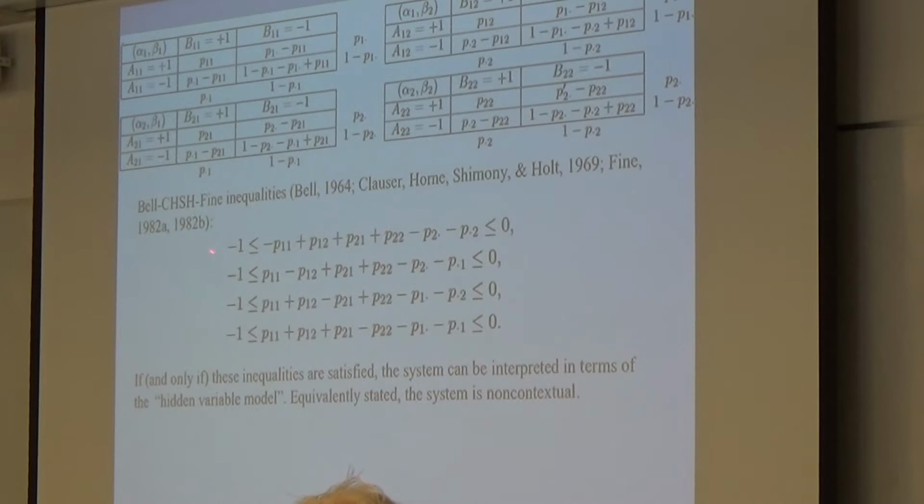The Bell-CHSH-Fine inequalities state that these linear combinations of joint probabilities and marginal probabilities are confined between -1 and 0. If the boundaries are not breached, then these systems can be interpreted by a hidden variable model. In our language, it's non-contextual.